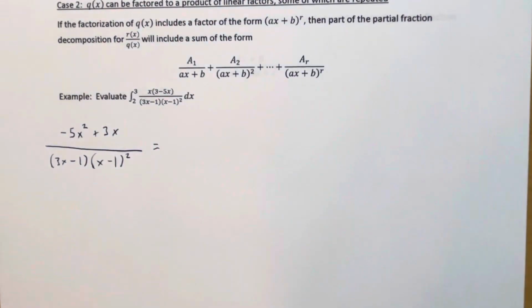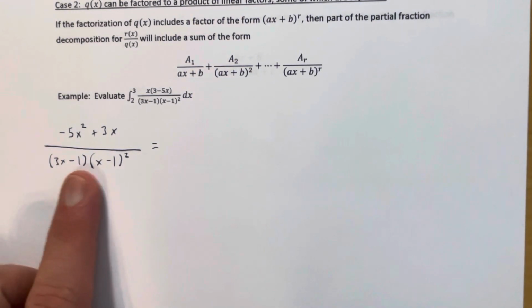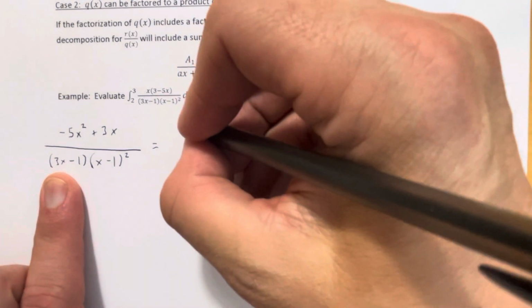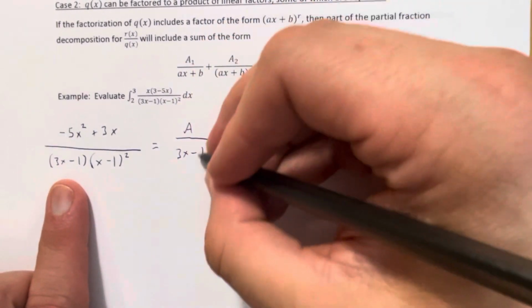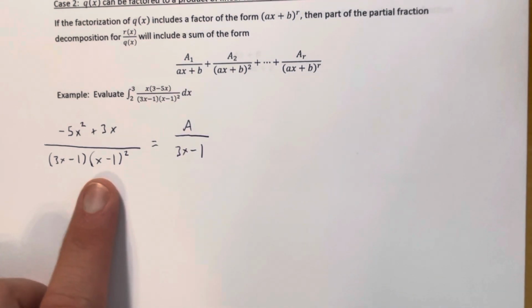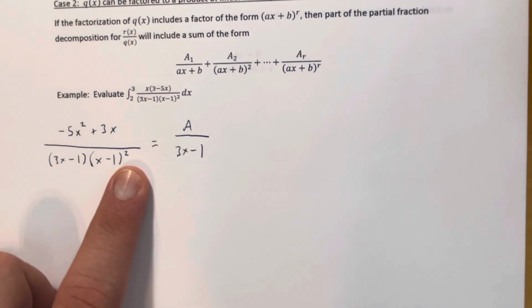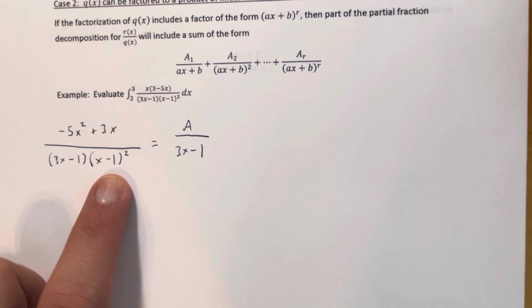Okay, so what I'm seeing here is one linear factor that is not being repeated. So that's going to show up as the denominator of just one of these terms over here. But then I have another factor, x minus 1, that is a repeated factor. It's showing up twice in this factorization down here.